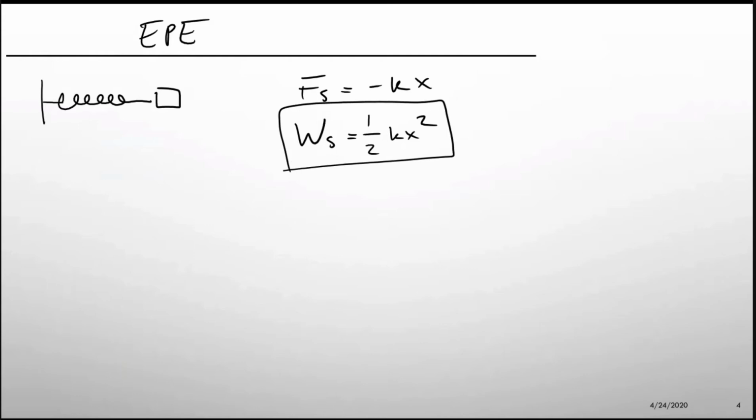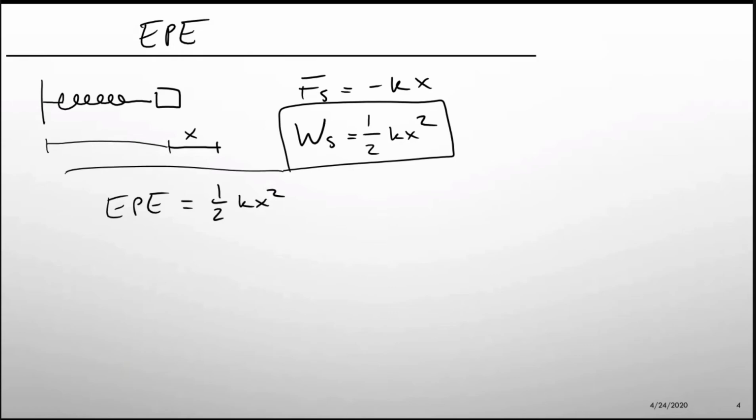So, the elastic potential energy of a spring, so let's say it's stretched, the unstretched length we don't really care about, but what we do care about is how much it is stretched. That is the x part. So elastic potential energy, or how much energy you've stored in that spring by stretching it out, is given by this equation here.